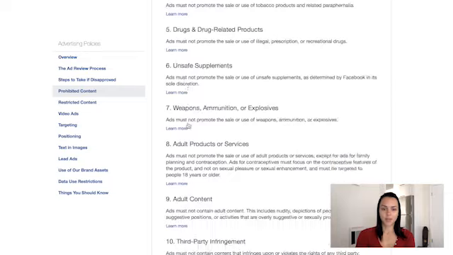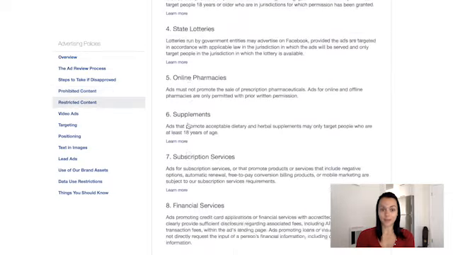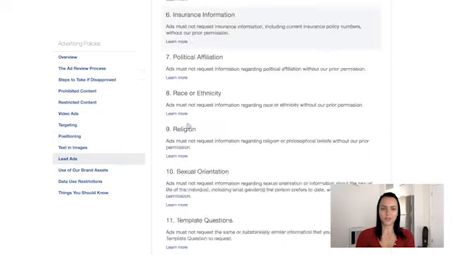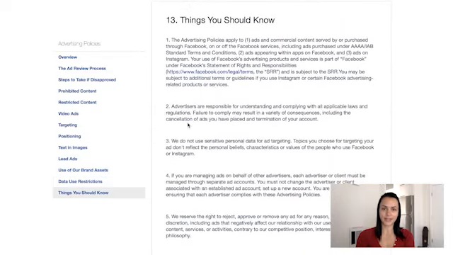This is number one, a step that you need to take before you launch any campaigns on Facebook. And once you have read this, you will have a better understanding of what's allowed and what's not allowed.